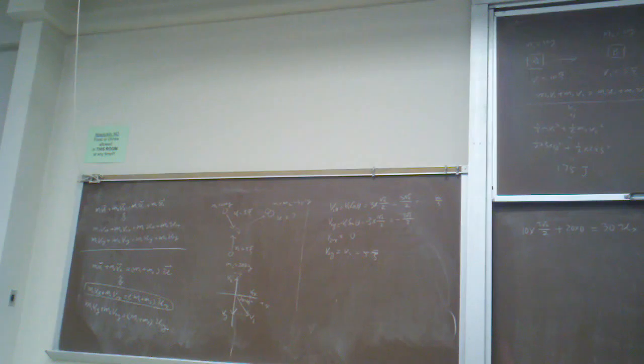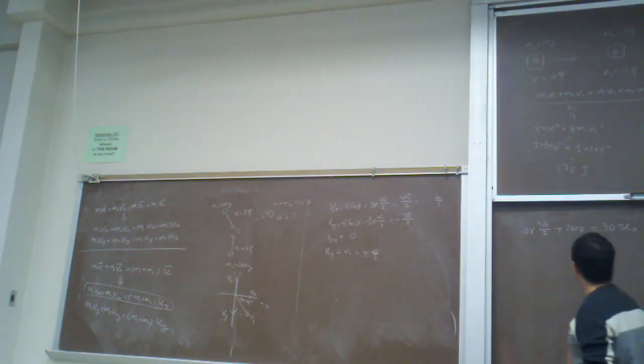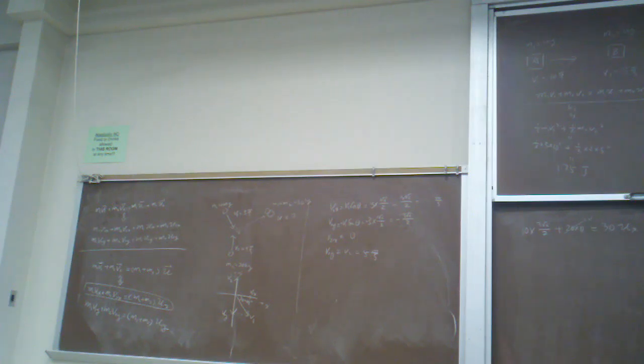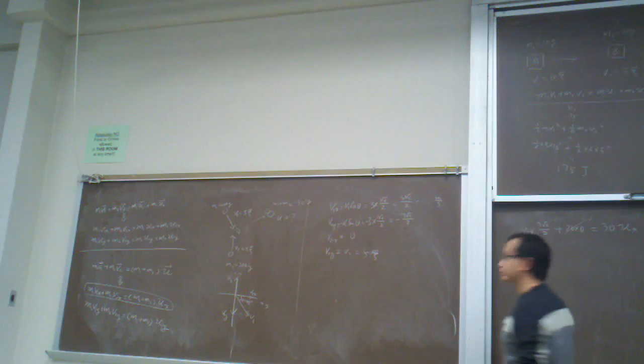So this will enable you to calculate ux. This is 0. Here you have 30 square root of 2 over 2, divided by 30, so ux equals square root of 2 over 2.